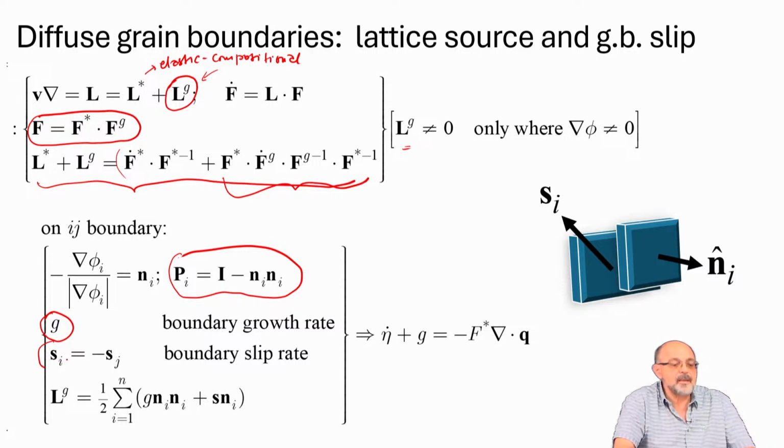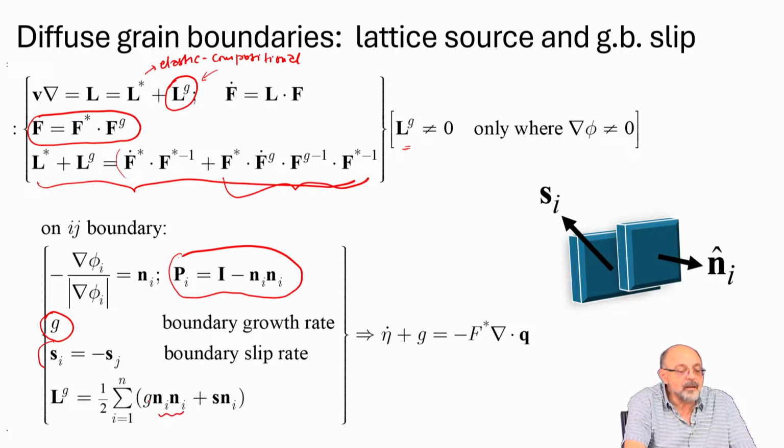So Si is how much grain I slips with respect to grain J, and Sj is the vector which tells you how much grain J slips with respect to grain I. So there are different ways of describing that. So my LG will be G on the dyadic NN, right?